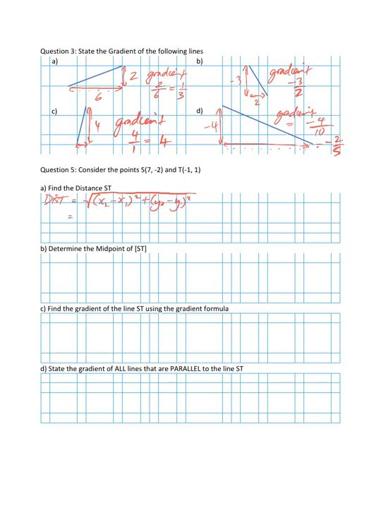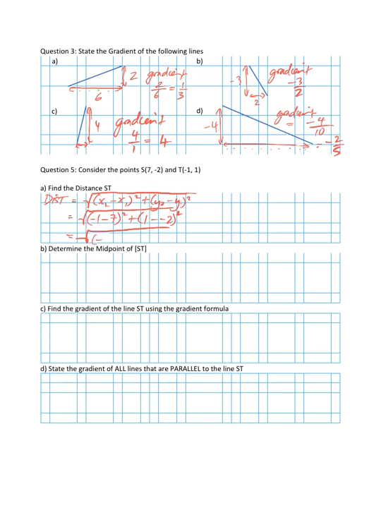So S to T, x2 is negative 1, and you're taking 7, and you're squaring that, plus y2 is 1, and you're taking negative 2, and you're squaring that. Deal with the brackets now.